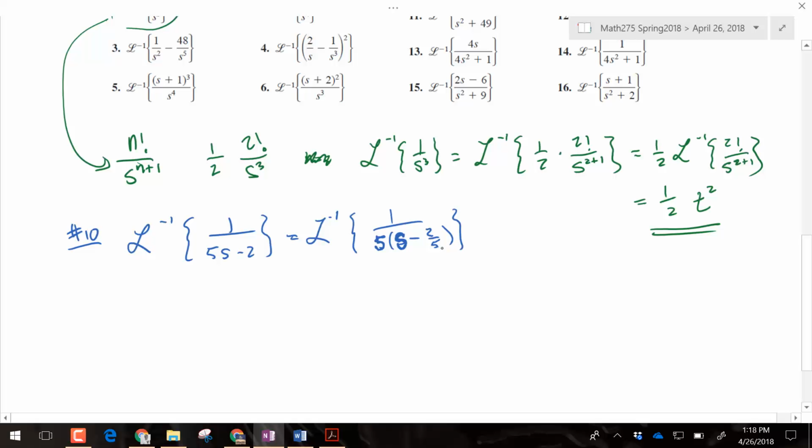So now you have a 1/5 sitting there as a constant, and then you have 1 over s minus 2/5. So there's your function.